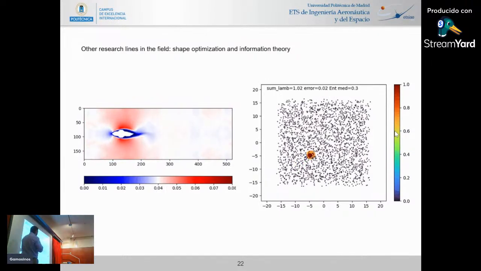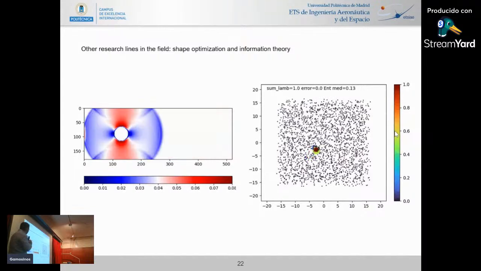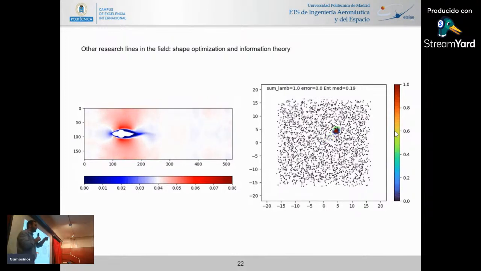Another quite new research line is the optimization of profiles. This is a wing profile that we start with a circle into the flux of air, and we start changing this with an evolutionary algorithm, and this evolution tends to have the shape of a wing.